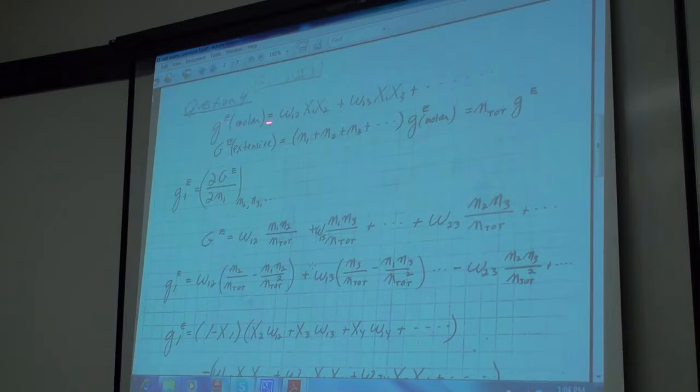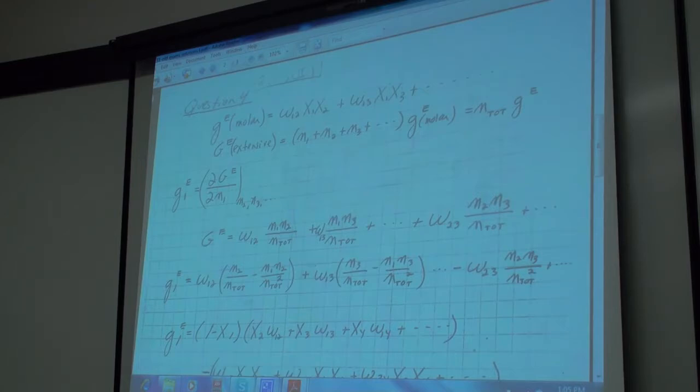You have an expression for the molar excess property. You have to write the extensive property, not per mole, but total, which is N total times the molar property. And then G excess of 1 is the partial of G excess with respect to N1, keeping N2 and so on constant.